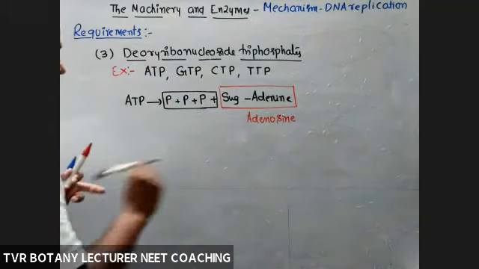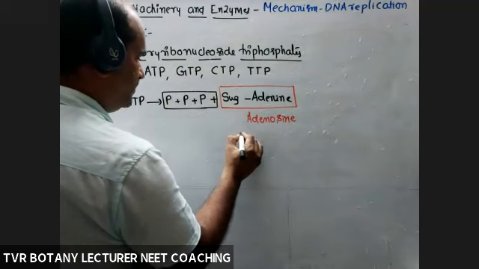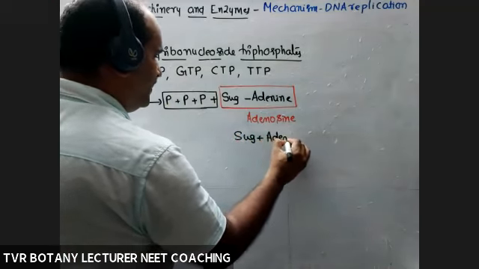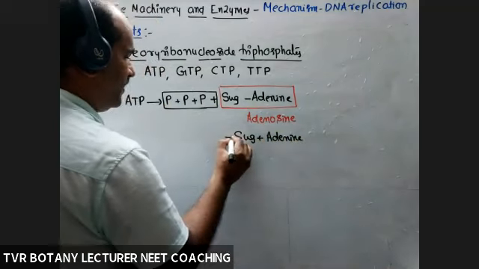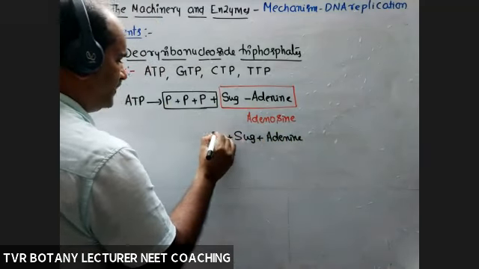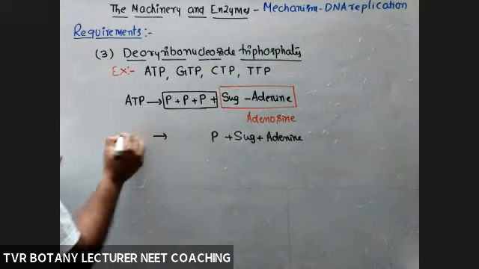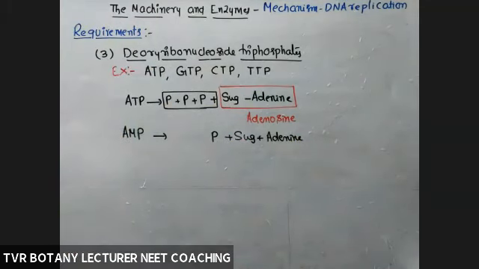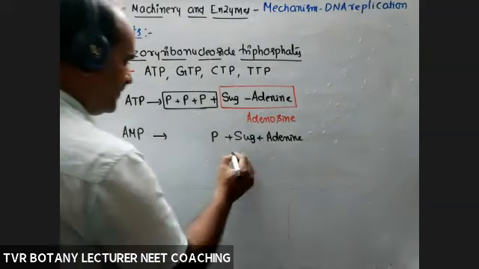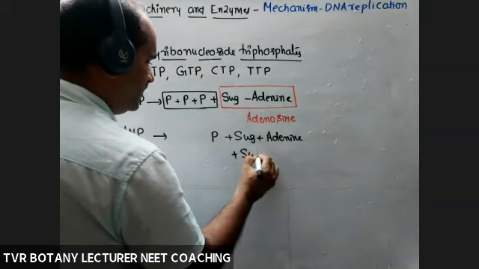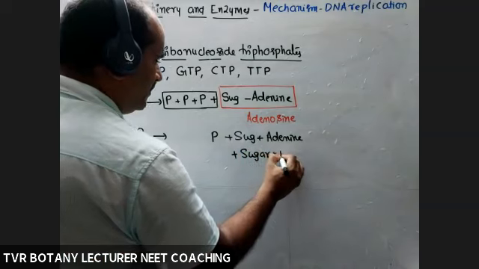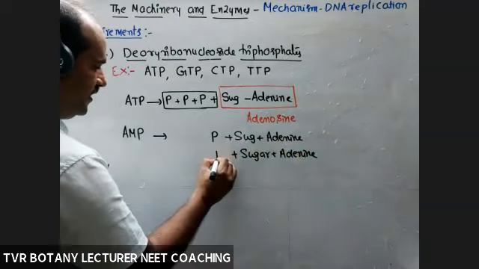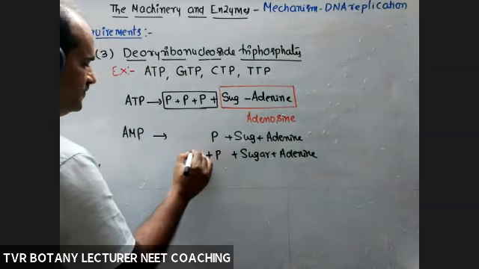One more thing I'm giving here: sugar plus adenine plus 1 phosphate. What is this? AMP, adenosine monophosphate. Sugar plus adenine plus phosphate 1, phosphate 2.